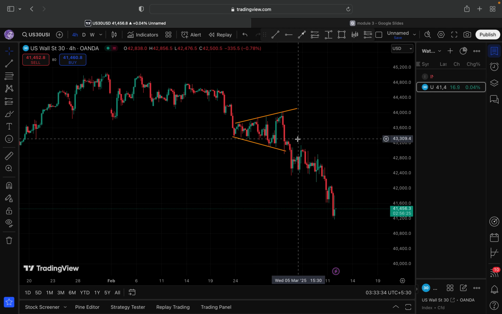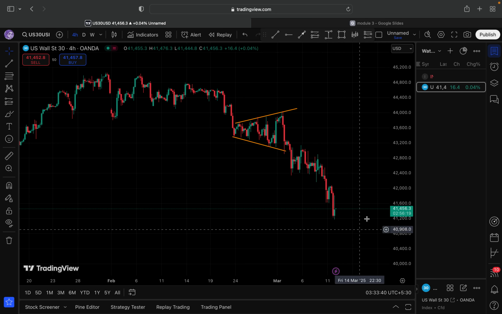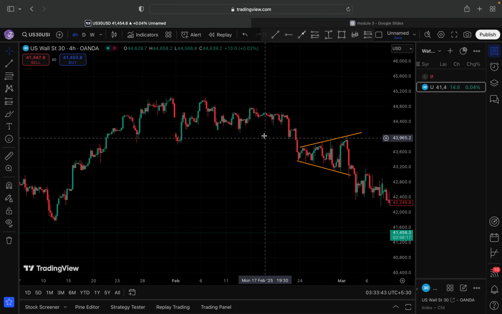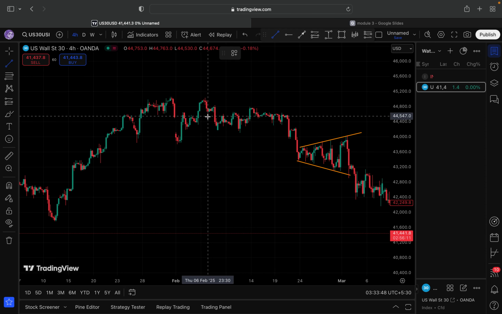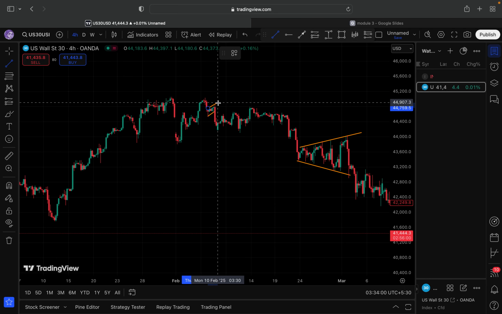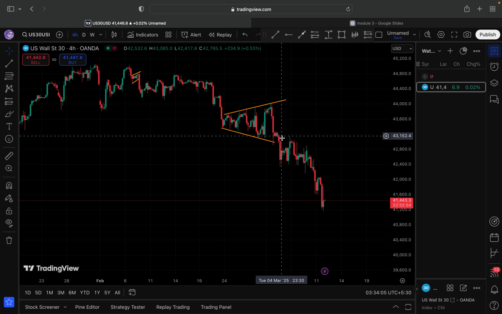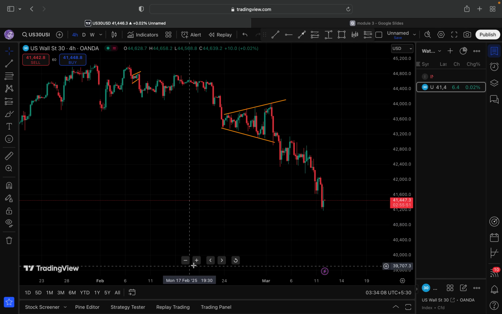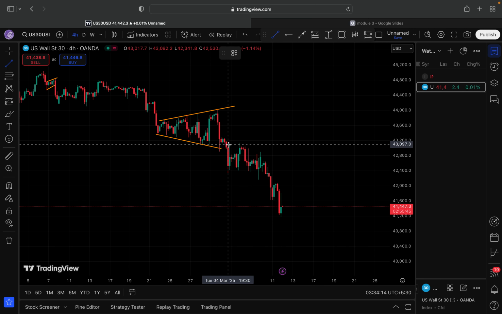We saw this pattern. Now here there's currently no pattern, but we can check out the previous pattern which we already outlined, the bear flag that occurred here. So the most recent pattern was this that caused this bear move that just occurred now. Well, if you look more in depth, you'll see that there was also a bearish pattern here.